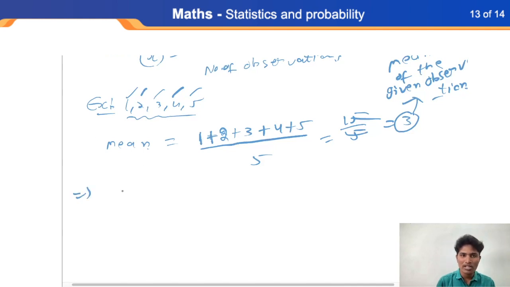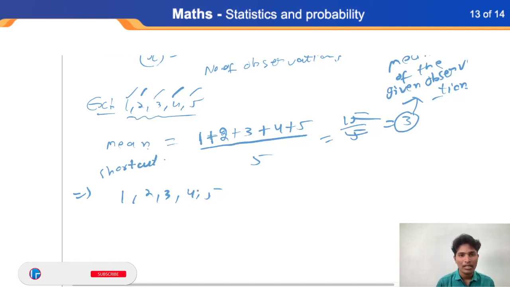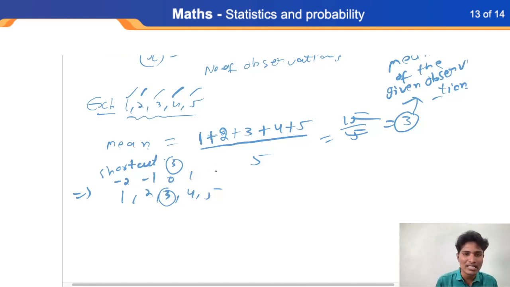Now suppose in this question only, if I want to calculate the mean in a shortcut way, the shortcut method I am discussing now, how to calculate the mean with a shortcut. Suppose I assume the mean is 3. Find the differences: 1 minus 3 is minus 2, 2 minus 3 is minus 1, 3 minus 3 is 0, 4 minus 3 is 1, 5 minus 3 is 2.